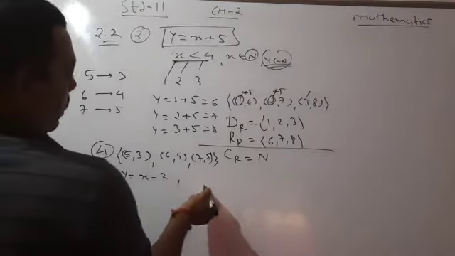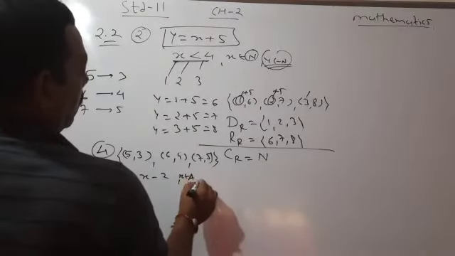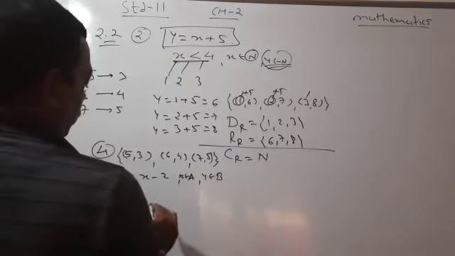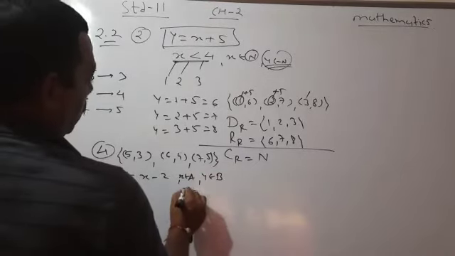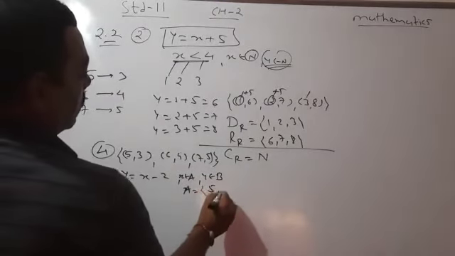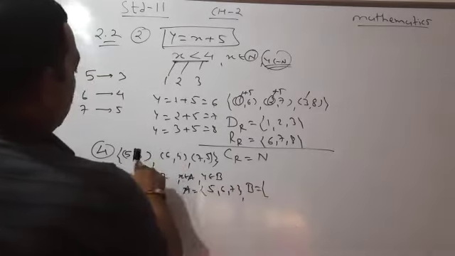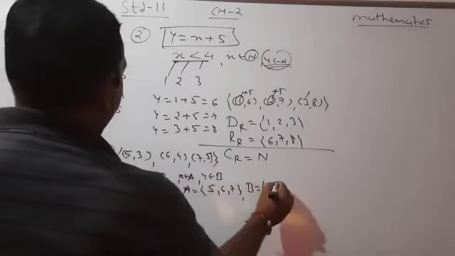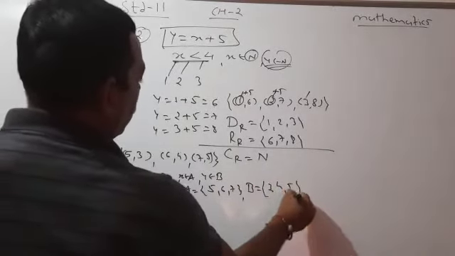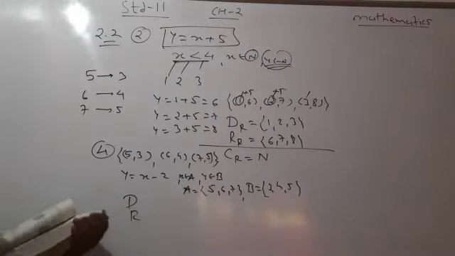Now we have to write where x belongs to A and y belongs to B, where A is equal to {5, 6, 7} and B, the second entries, is {3, 4, 5}.